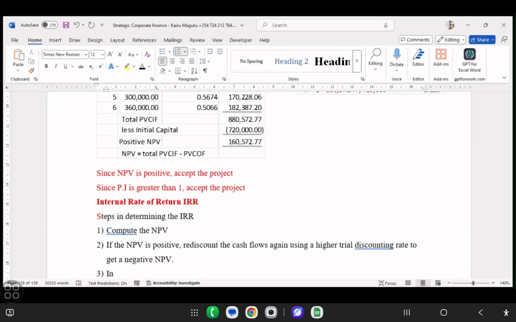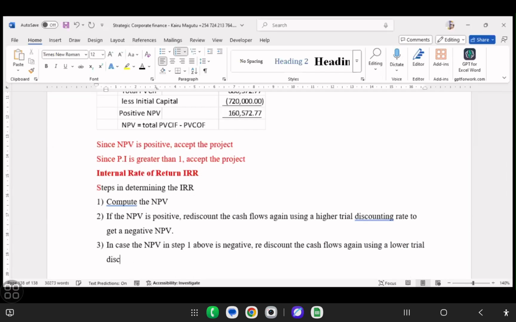Number 3, in case the NPV in step 1 above is negative, rediscount the cash flows again using a lower trial discounting rate to get a positive NPV.